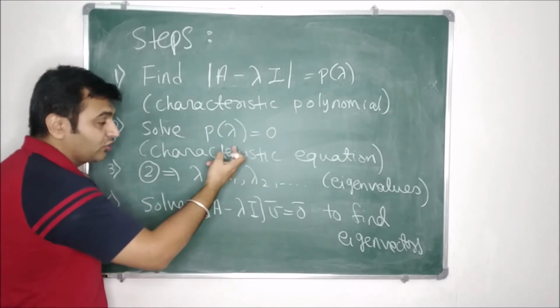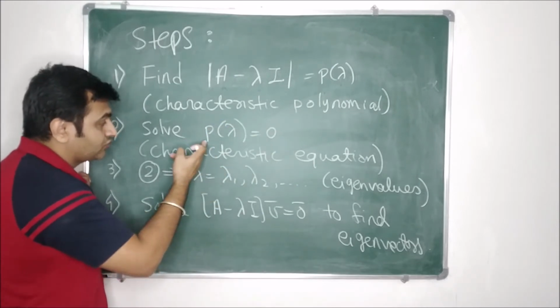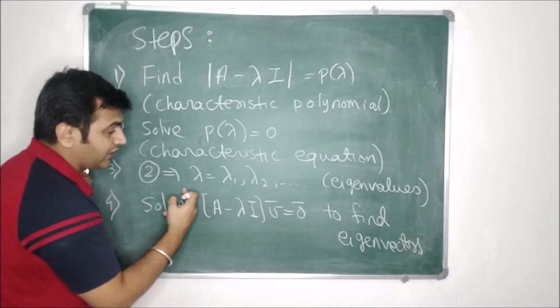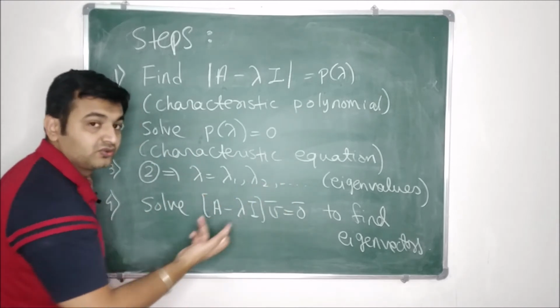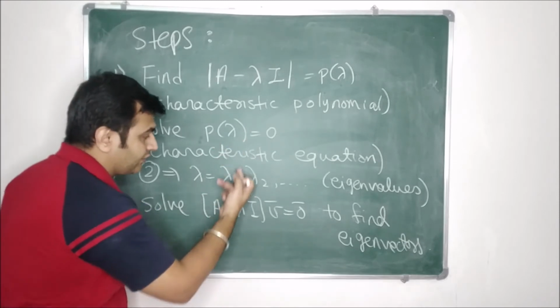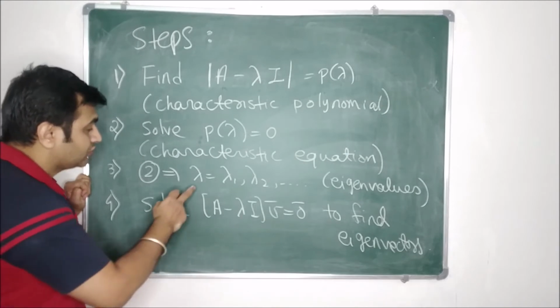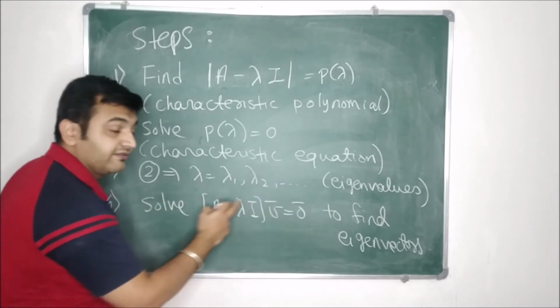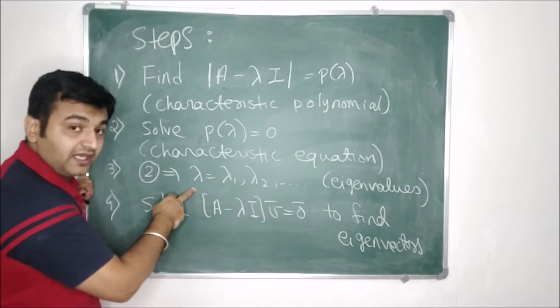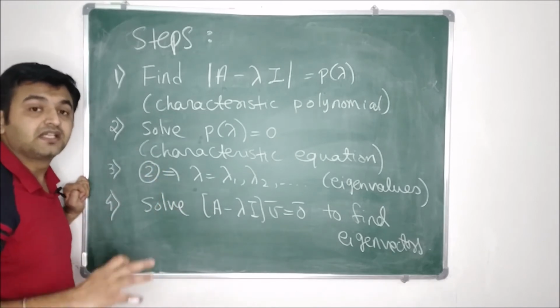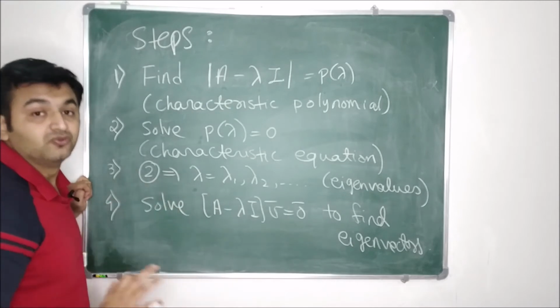Since it is an equation, you try to solve it and you will get the roots of this equation, which I'm calling lambda 1, lambda 2 and so on. If it's of degree n, you will get at most n roots. These are my eigenvalues, because lambda was nothing but the eigenvalue. So the roots of the characteristic equation are nothing but the eigenvalues.